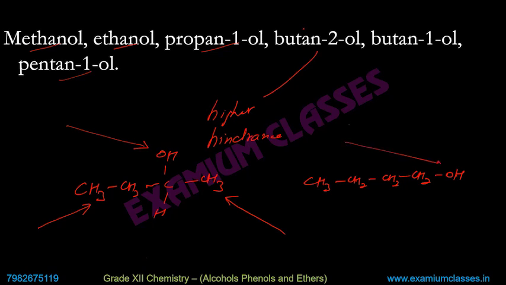It can attack from here, from here, from here, from here. So greater extent of hydrogen bonding means higher boiling point. Hydrogen bonding is easier here. So higher boiling point.